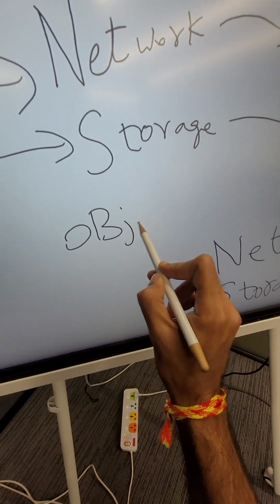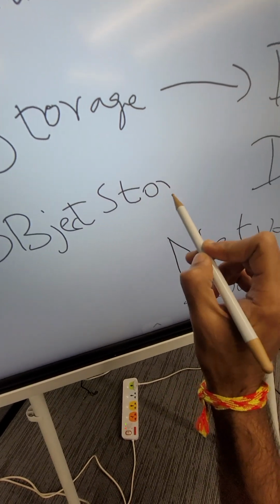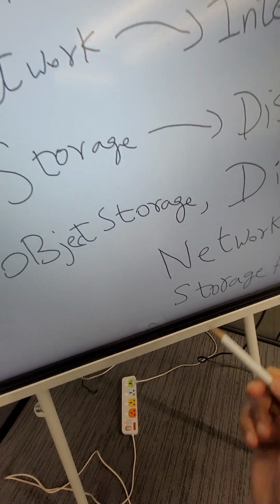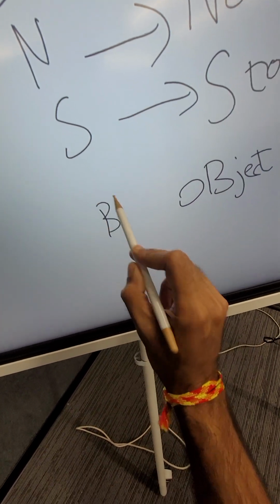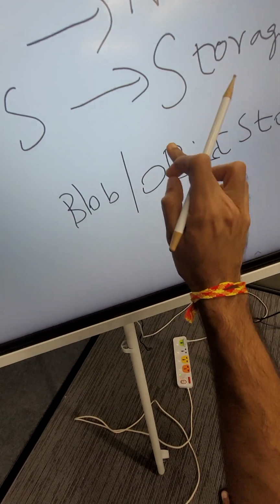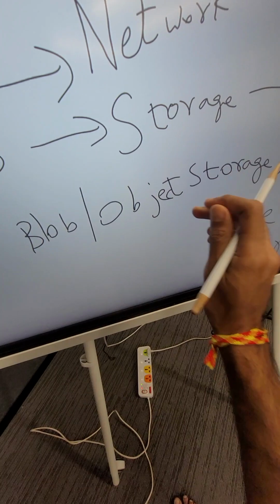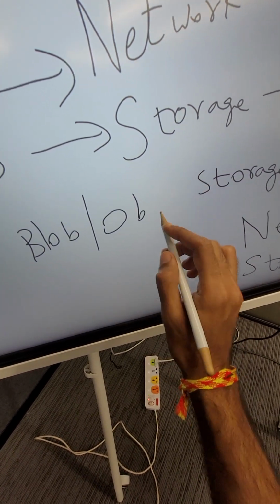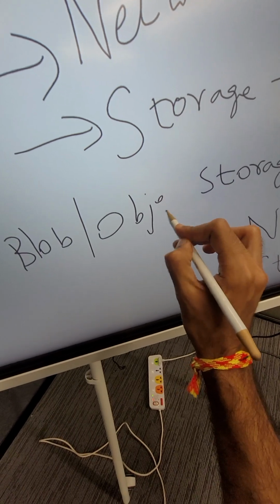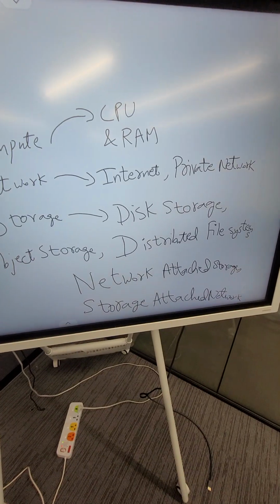For example, S3 buckets and stuff like that. AWS S3 bucket and whatnot, or blob storage, right? Blob or object storage. Let me write that in a better manner. Object storage. Cool. So that is that, right?